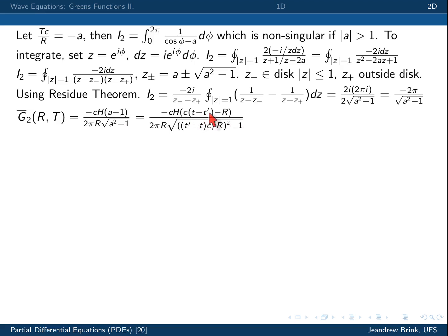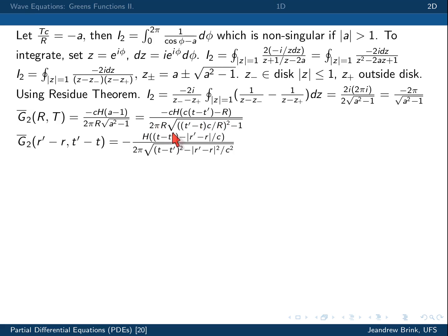Okay, so here, because of the Heaviside step function, you can actually rescale the integrand without changing the step function, because all that it cares about is where the integrand changes sign. I simply multiplied everything by r to get the step function in a nice way. And then here below the line, it's the square root of a squared minus 1, so here we have t prime minus t c over r, squared, minus 1, and we multiply it through by r.